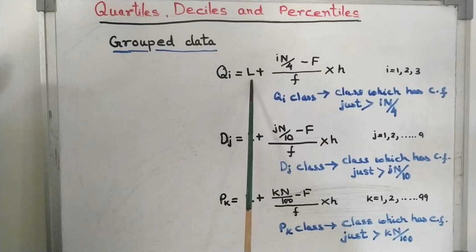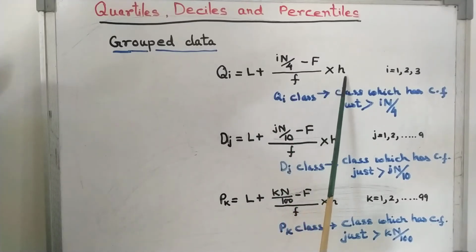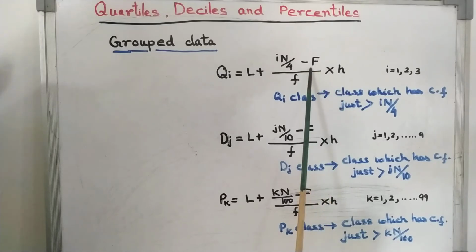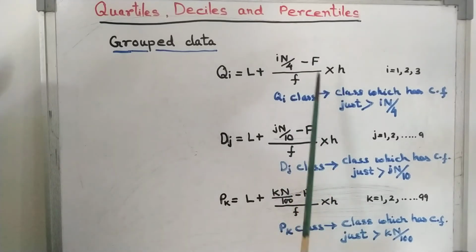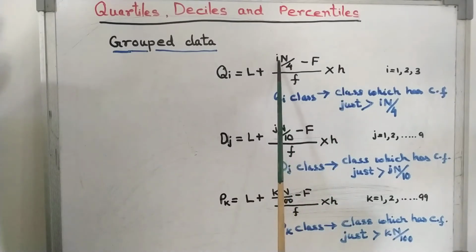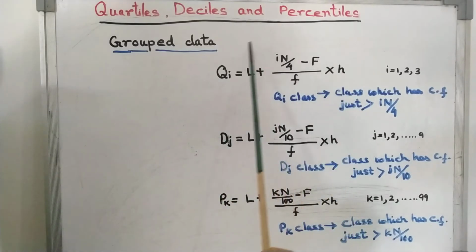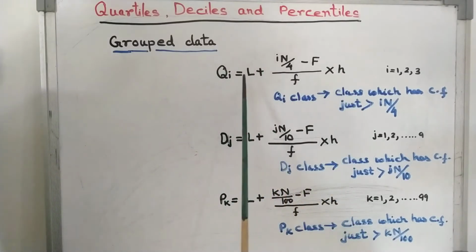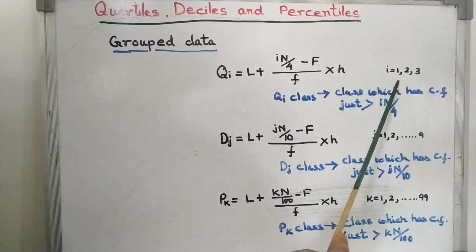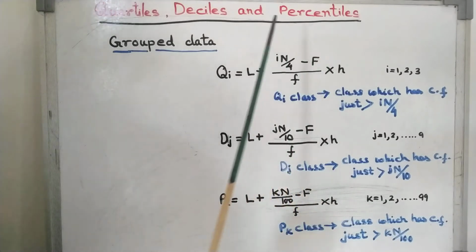This is the lower limit of the quartile class, the frequency of the quartile class, the class length, and F is the cumulative frequency just preceding the quartile class. Whatever the n value is, you put it here, divided by 4, and accordingly you get the value of the quartile. For any quartile, Q1, Q2, Q3, the same formula is used.